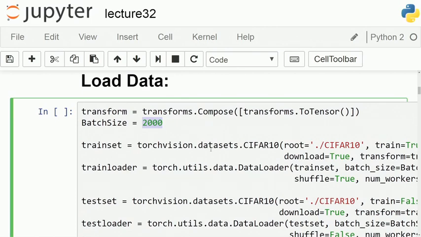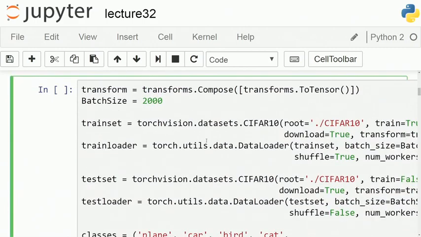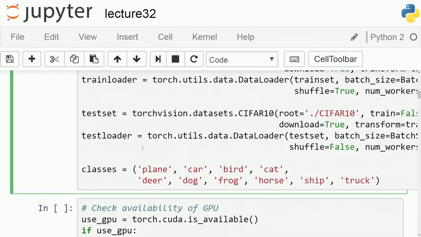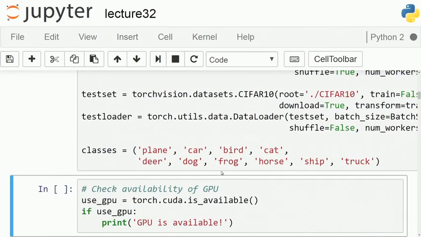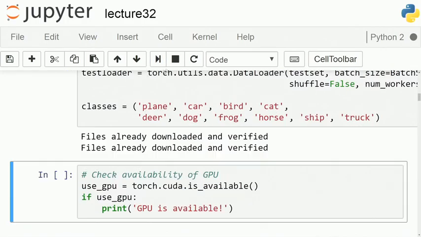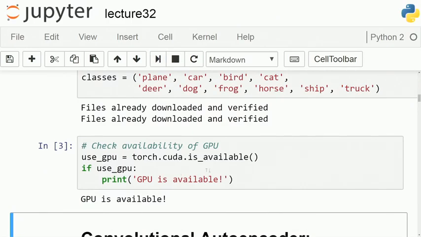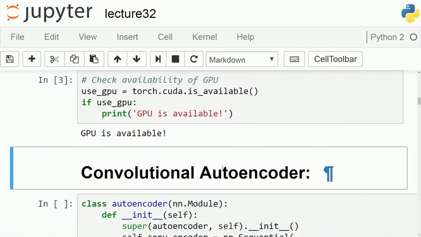The labels are of no use here, it is just the image which is going to be used. For batch size, we use a larger batch of 2000 images which goes into one single batch. Let us get this part running, and once that does, we check as usual for our GPU availability. My GPU is available, and that is great.